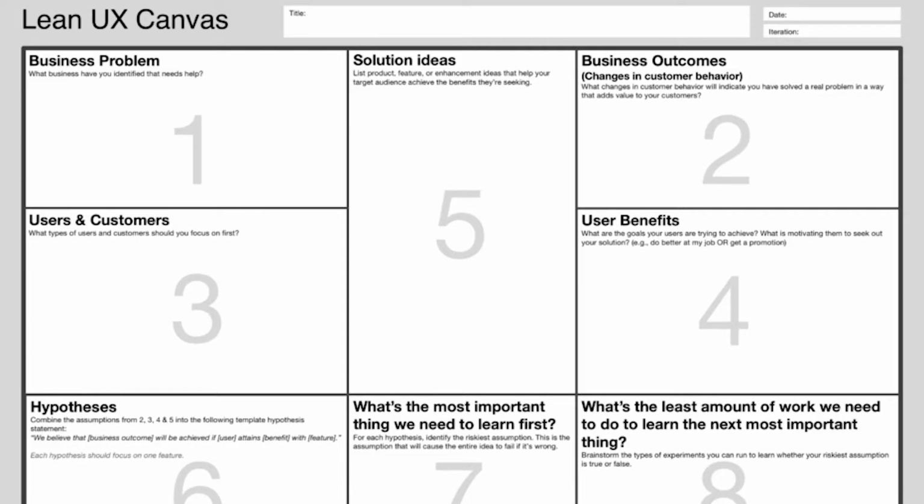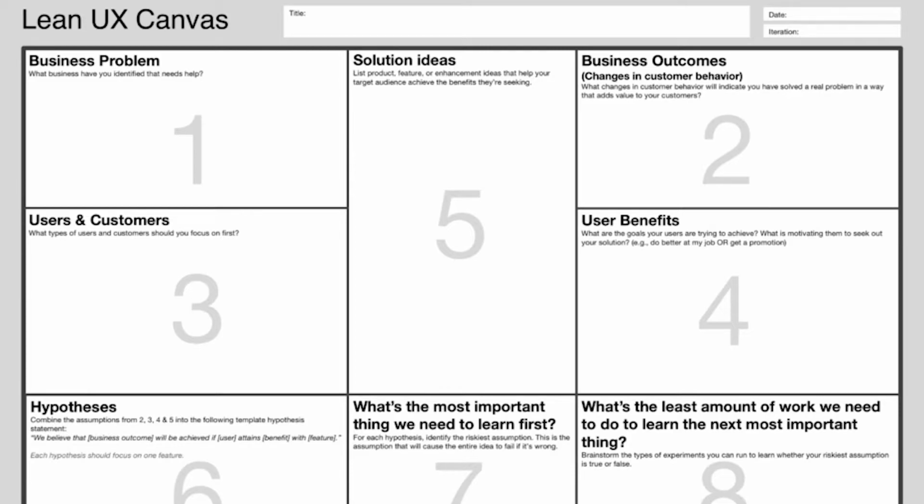So based on this problem, we need to achieve 1, 2, 3, or X, Y, and Z. This block, the business outcomes, is not a very solid block, because it oftentimes changes due to the UX research process that we conduct later on, and how this process contributes to altering the expected outcome. Number 3, users and customers.